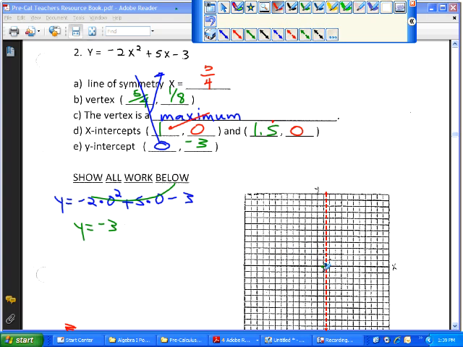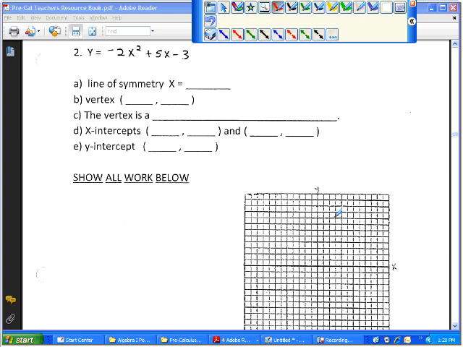Y equals negative 3, negative 1, 2, 3. I missed. Wow. That's not fun. Well, I'm going to give you, as far as grading the test, some credit for each little piece that you do.